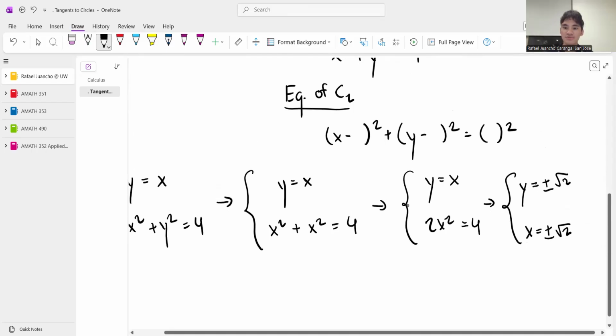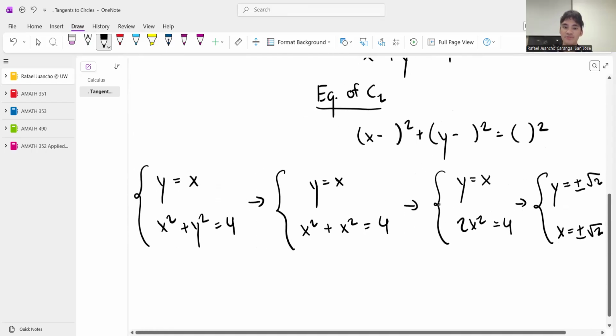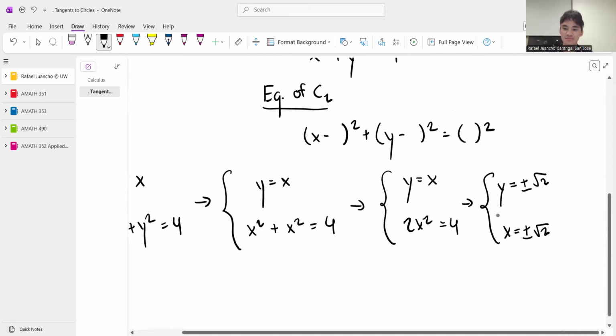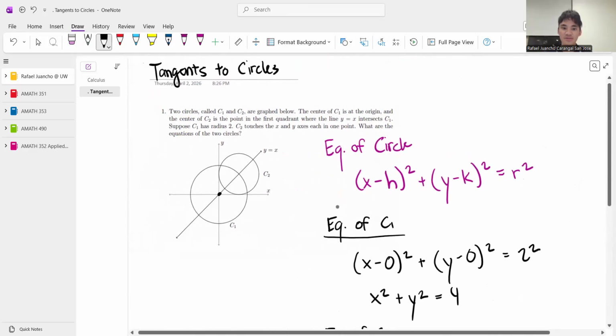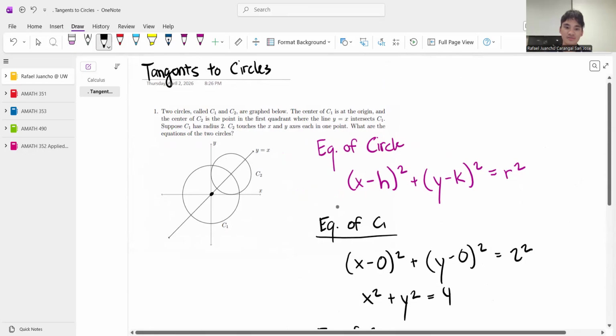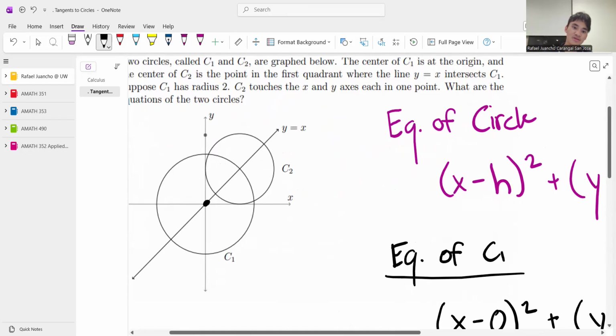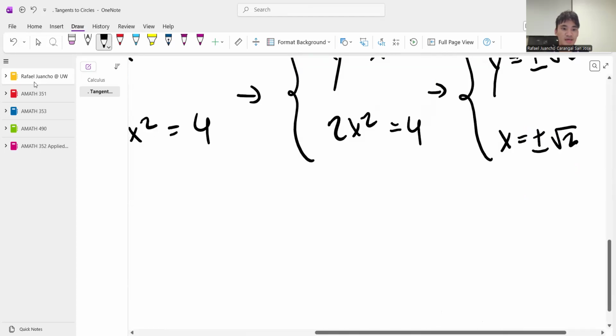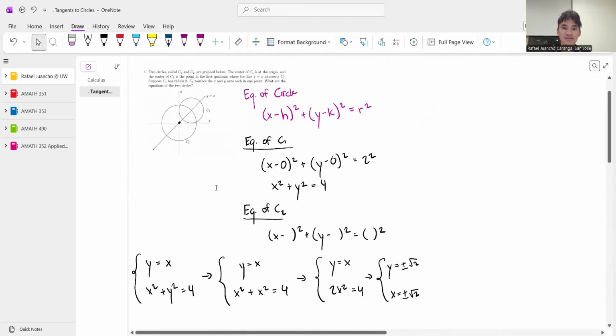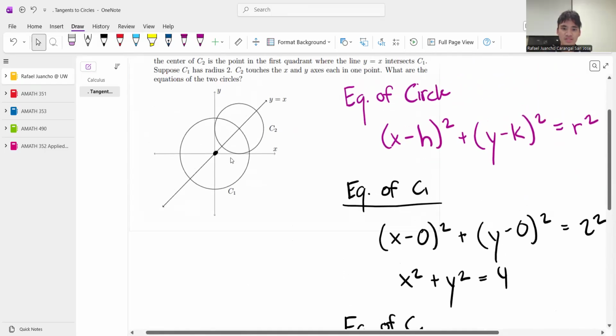Right. So now we know our y, now we know our x. One of these could possibly be the center. The only way we can actually figure it out is to look at the graph. To me, this looks like it's the positive square root of 2, because we're in the first quadrant. And the first quadrant tells us that all of the x values are positive, and all of the y values are also positive.